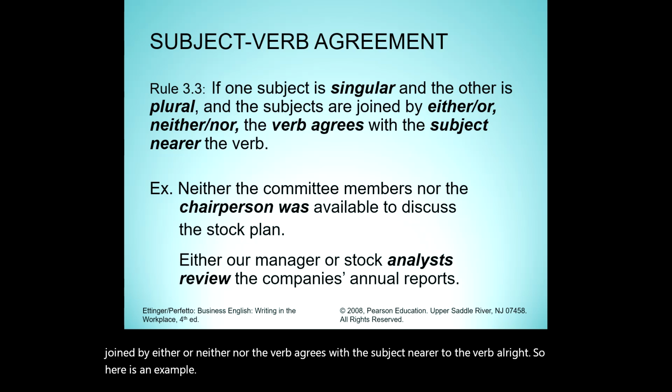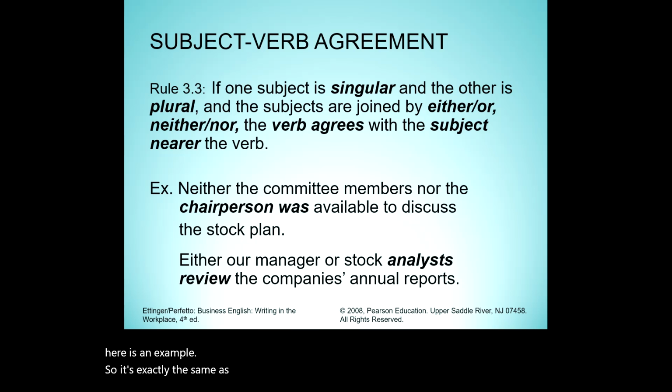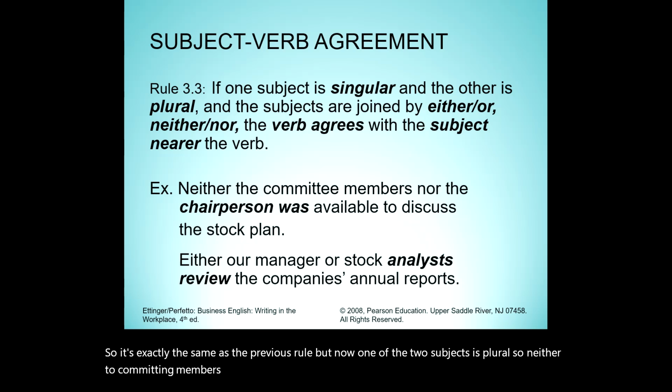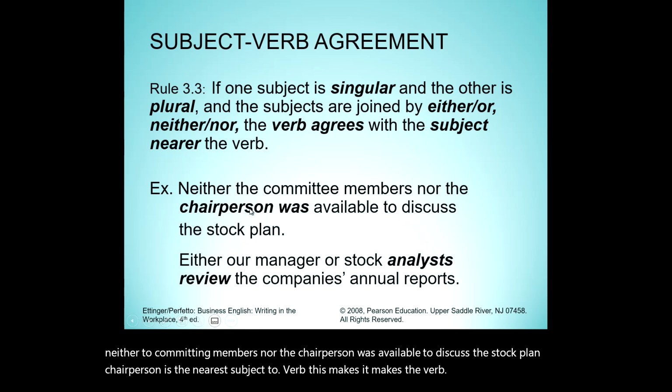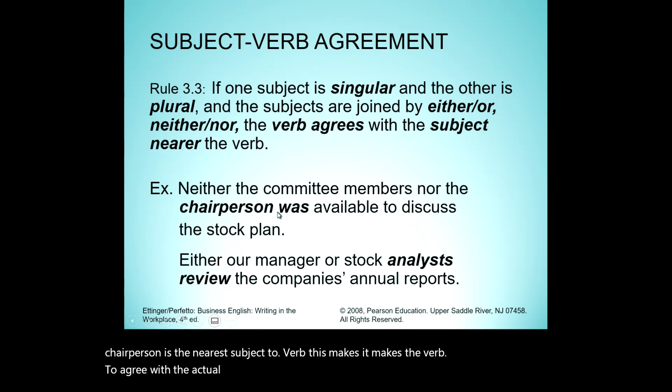So it's exactly the same as the previous rule, but now one of the two subjects is plural. So neither the committee members nor the chairperson was available to discuss the stock plan. Chairperson is the nearest subject to the verb. This makes the verb, to agree with the actual subject, singular.